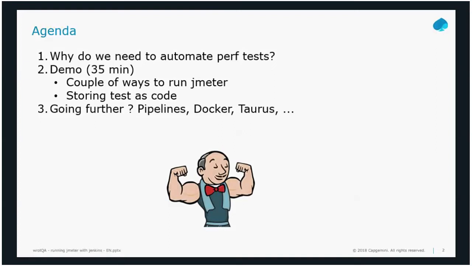Then I would like to spend much of the time of this presentation showing you actually how you can automate execution of JMeter tests with Jenkins, Maven, from scratch basically, from a very basic scenario, and also how to connect that to the GitHub repository. And perhaps we conclude with some ideas to extend that base scenario of automated execution of performance tests.